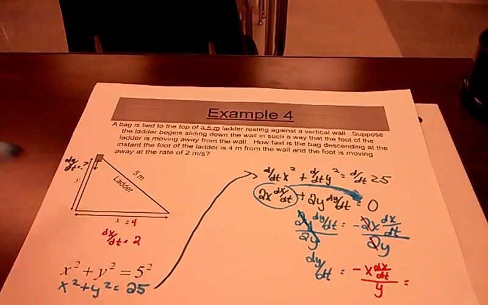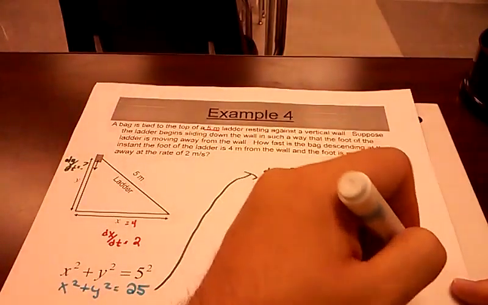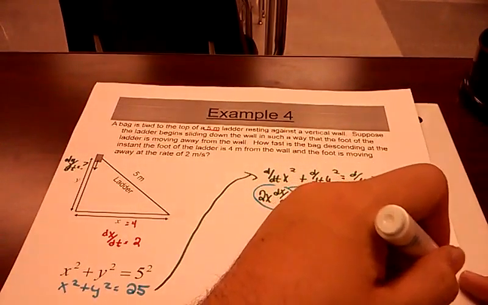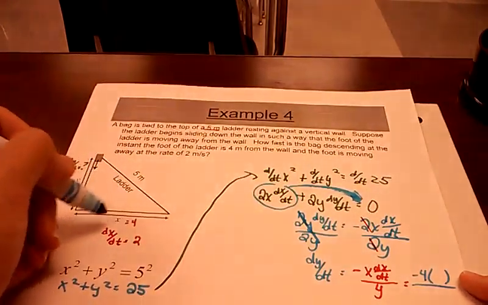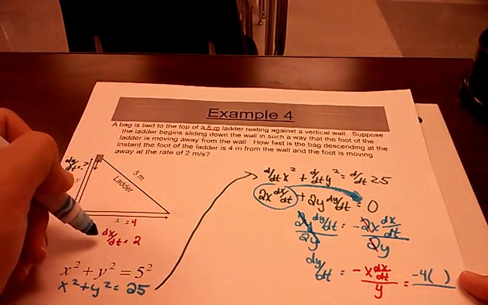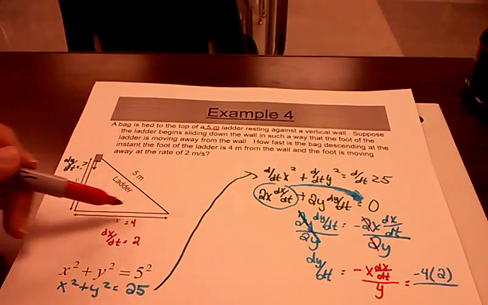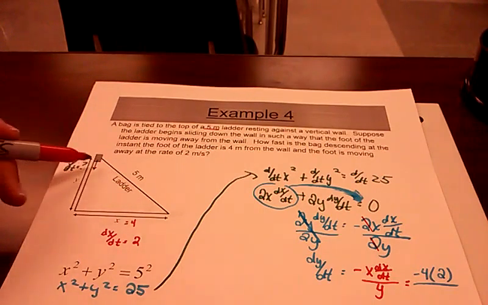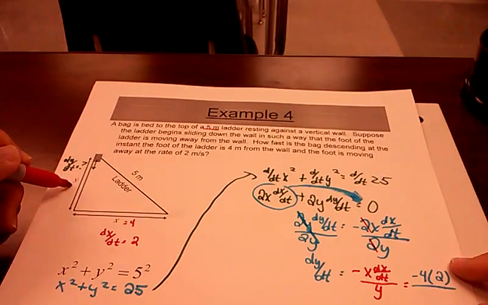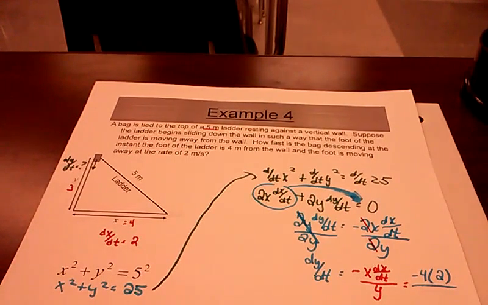X in this case was 4, so I'm going to have negative 4 times dx over dt. Dx over dt was 2, so that's going to be 2. And then y. We need to figure out what the value of y is. Well, since this was 4 and this was 5, then by the Pythagorean theorem, the value of y would be 3.